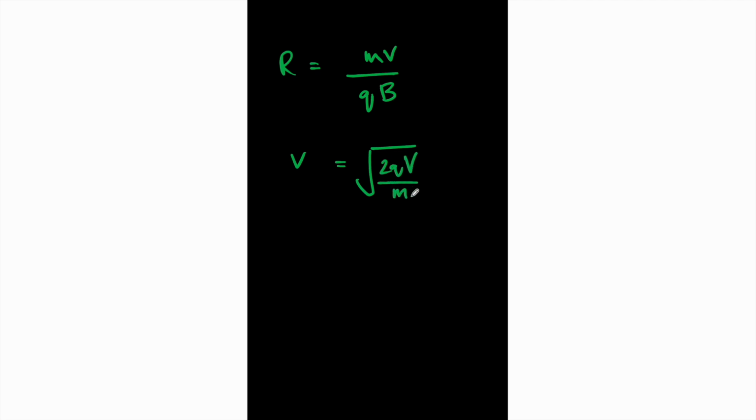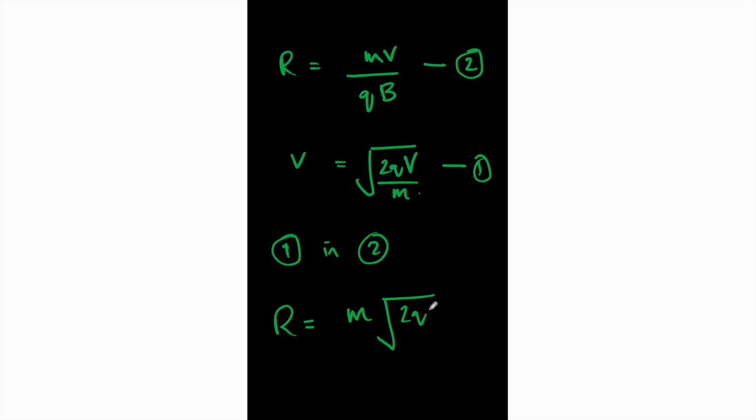This is equation 2. Substitute 1 in 2. So radius becomes m into root 2qV by m, all divided by qB.